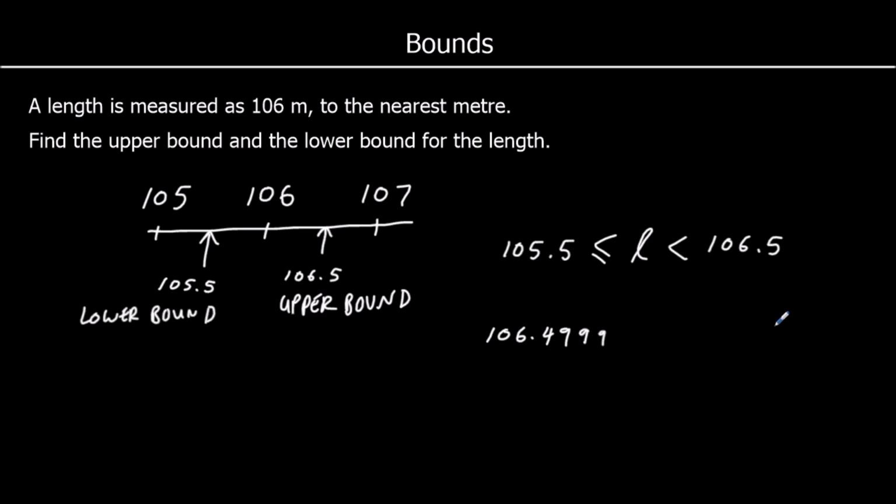And I can keep going adding nines on until I've got 106.49 recurring. So the 9 going on forever. So you might think, well, we'll use 106.49 recurring then. And 106.49 recurring is actually equal to 106.5.